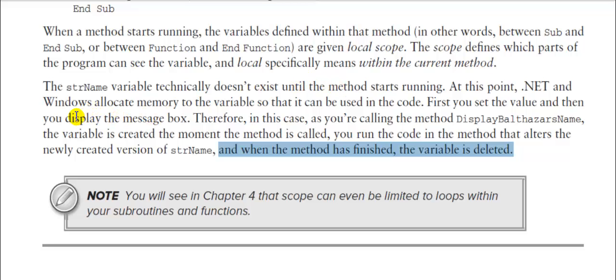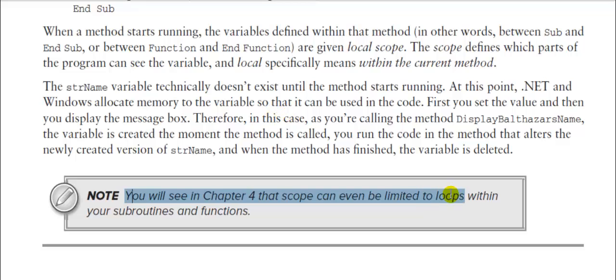As you will see in chapter 4, scope can even be limited to loops within your subroutines and functions. So you can have a variable which only has scope within your loop. Even though you might have a function or a method that has a loop in it, and you have a variable that's created inside the loop, that variable only has scope within that loop.